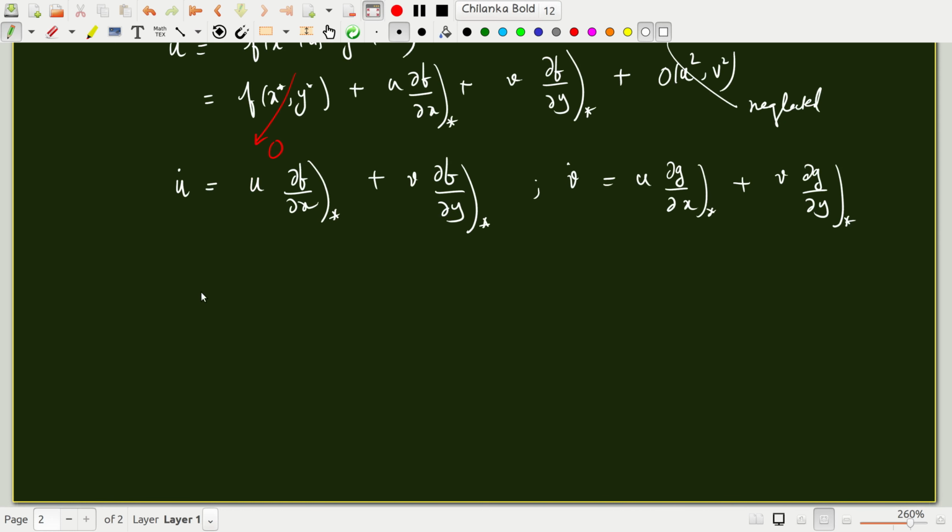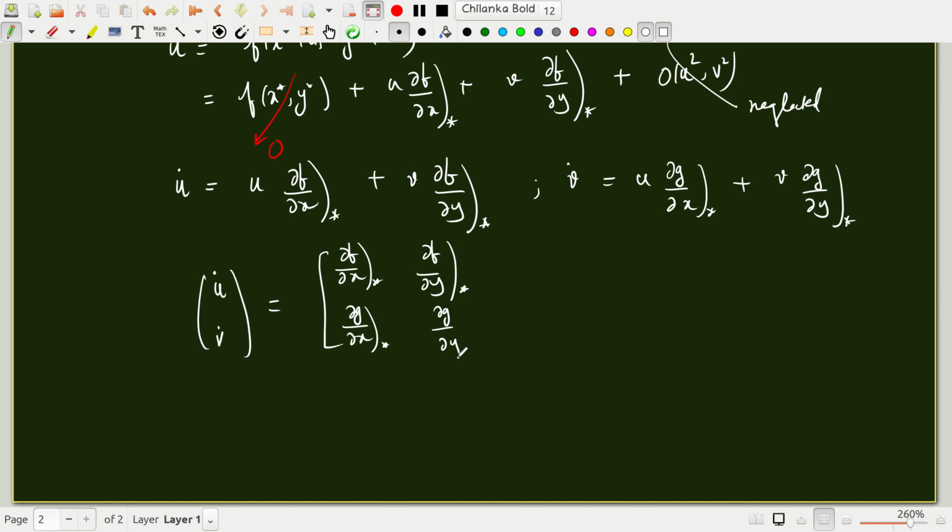Now you can write this in matrix form, which is nothing but the matrix with entries partial f partial x, partial f partial y, partial g partial x, partial g partial y, times u v.